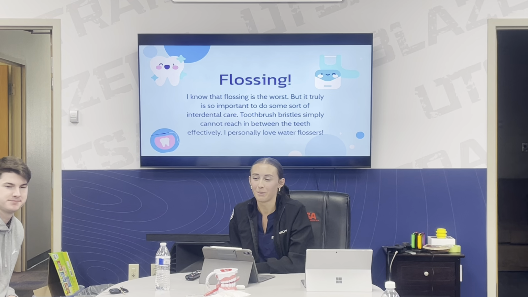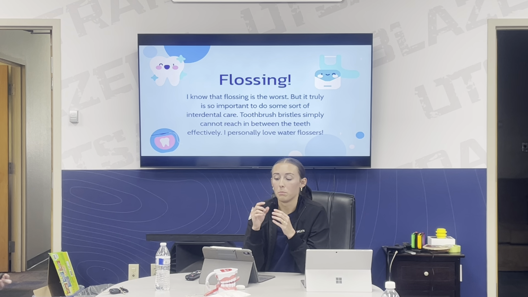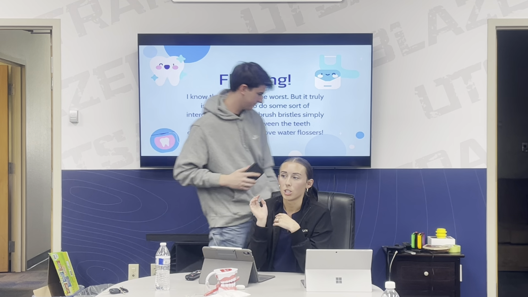I have a question. I was recommended to start doing water flossing. How does that work? Yeah, so with water flossing, the machine will shoot the water down into the gums. You point it down there, and it helps to flush it out.